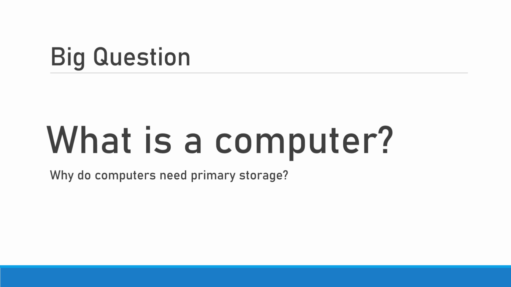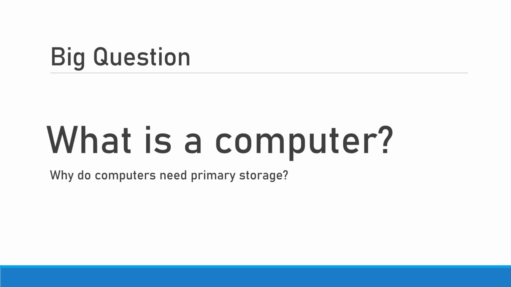And today, our focus is going to be on why computers need primary storage in the first place. By the end of this lesson, we're going to understand that primary storage, like RAM, is crucial because it's where the CPU quickly grabs the instructions it needs to run programs.